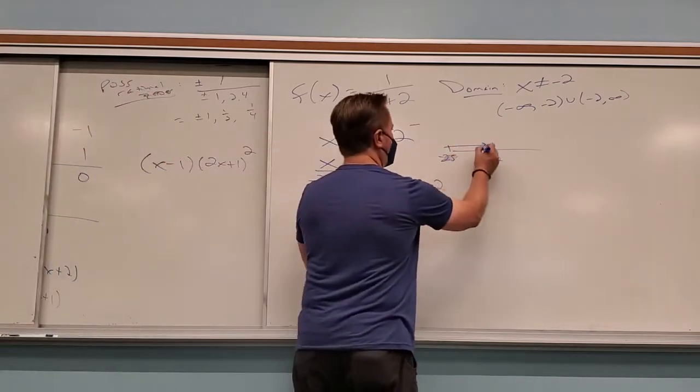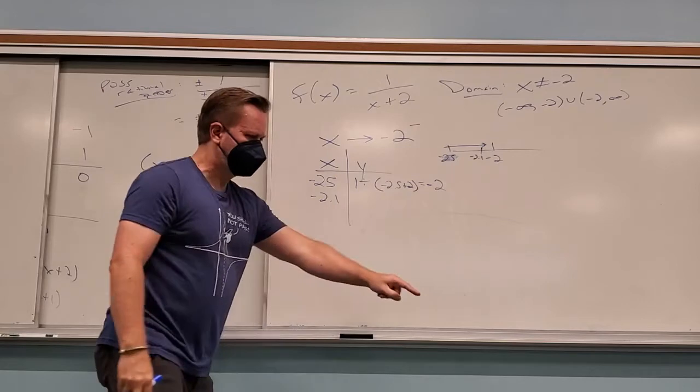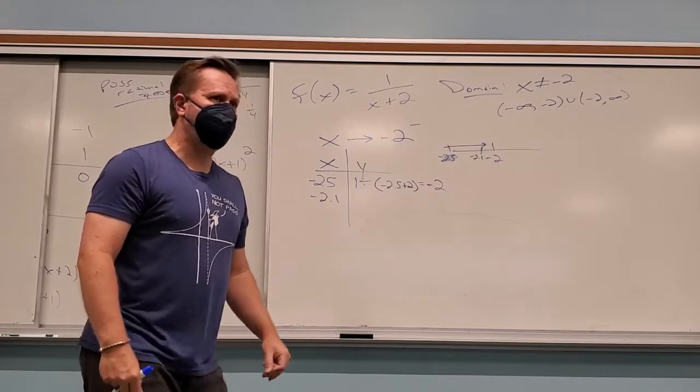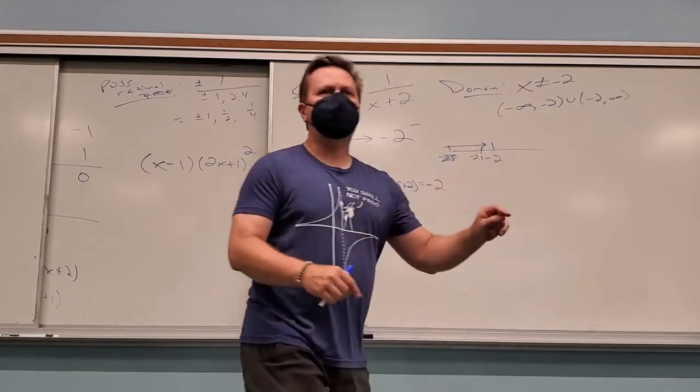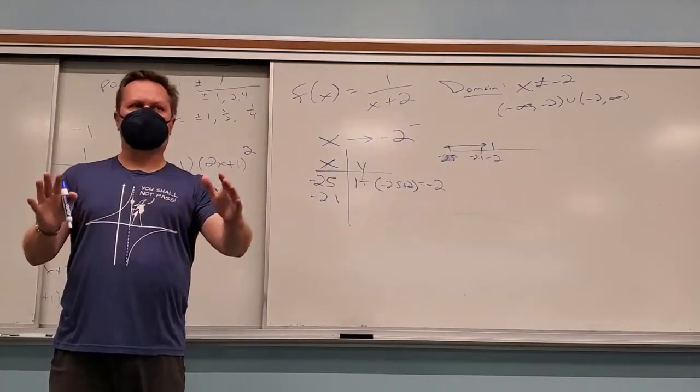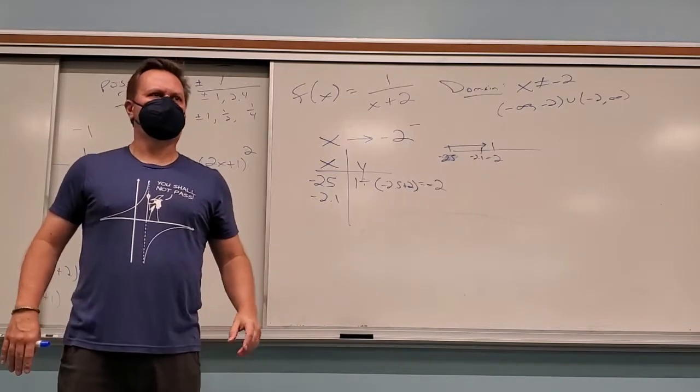Now let's go negative 2.1. Let's get closer. So we see the blob down there, and we're like, what the hell is that? You know, we're not going to freaking touch the thing. We're just going to get close, and then probably back the hell away. Right?